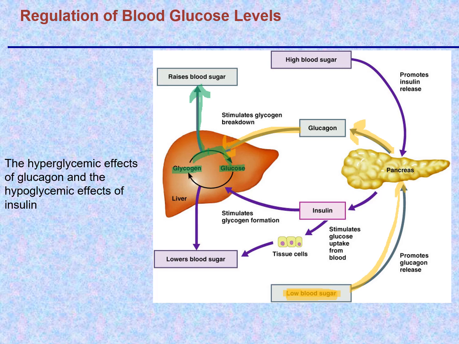The opposite effect occurs if there's a high blood glucose level. That will trigger insulin release from the pancreas, and it's going this way. Insulin, once it binds to the receptor, stimulates glucose uptake into cells.